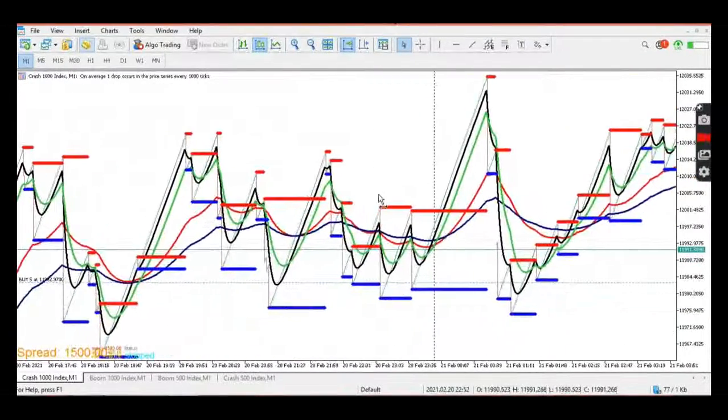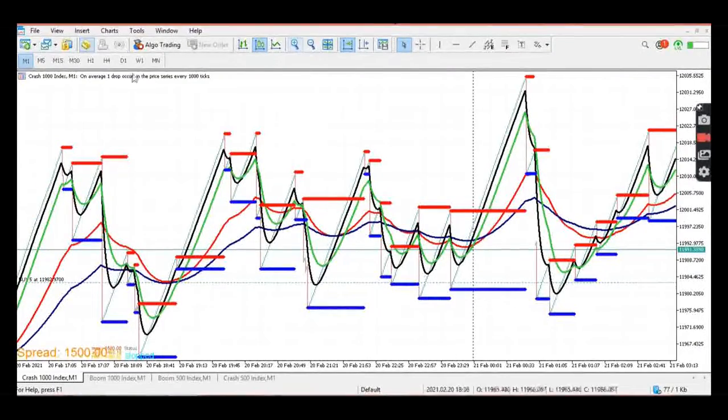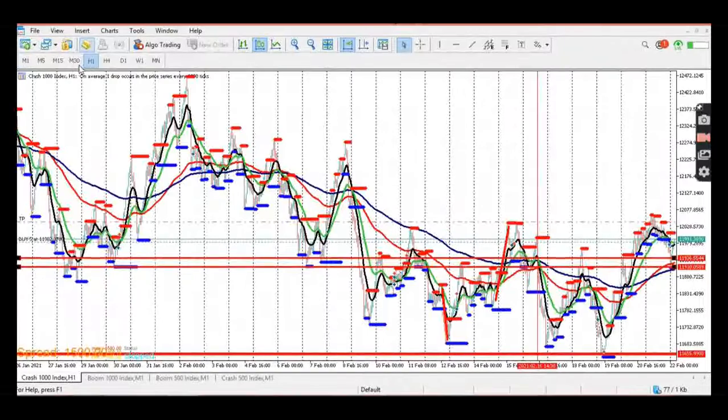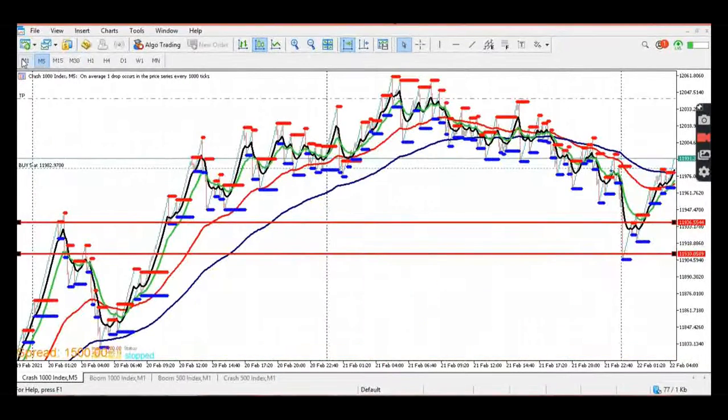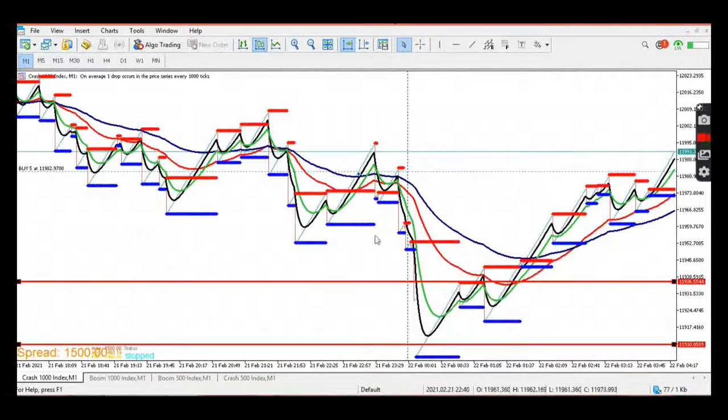Let me show you an example. You can see from this chart the reason why I buy this market. Let me go back to the 1 minute chart that I use as my confirmation entry.